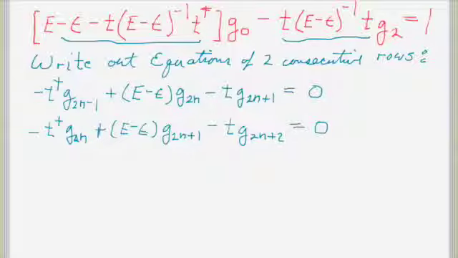So these are some arbitrary 2 consecutive rows of the matrix, all coming out of column 0 of that green function.